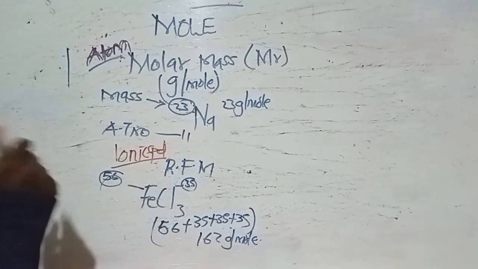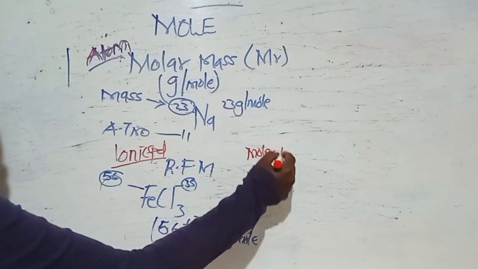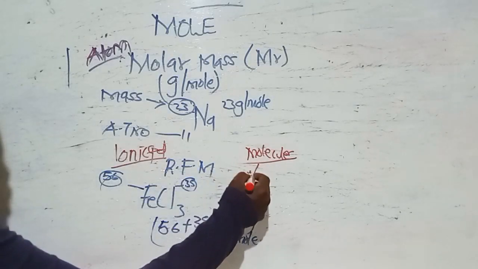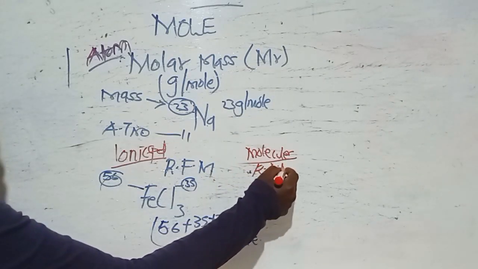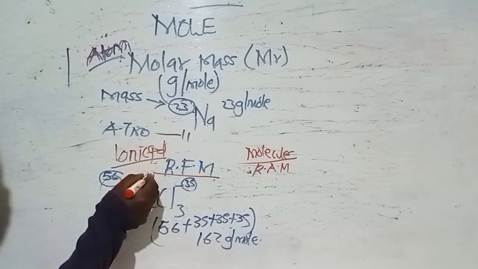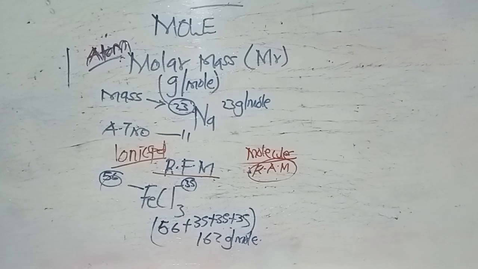So when you're talking about the mass of molecules, we refer to this as the relative molecular mass. We say Mr. For ionic compound, we say RFM, relative formula mass. For molecules, we say the Mr.